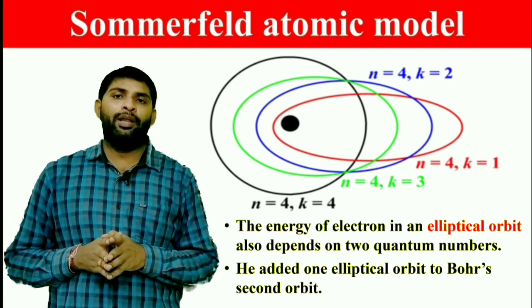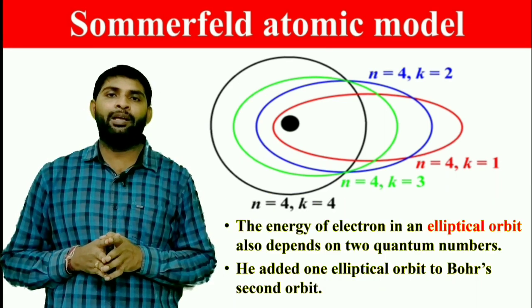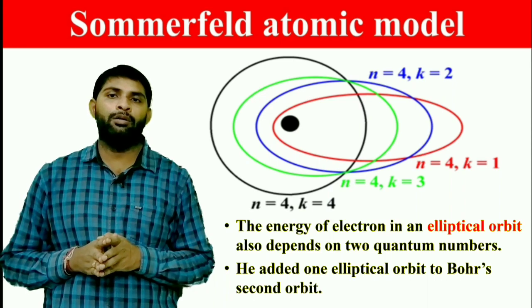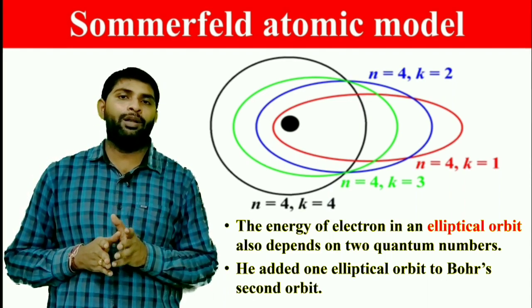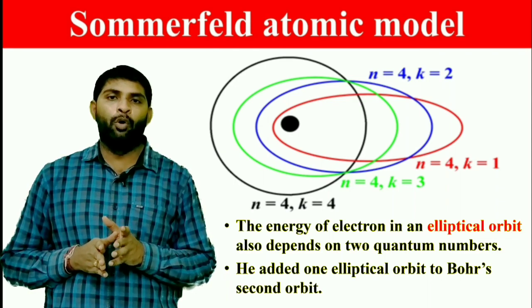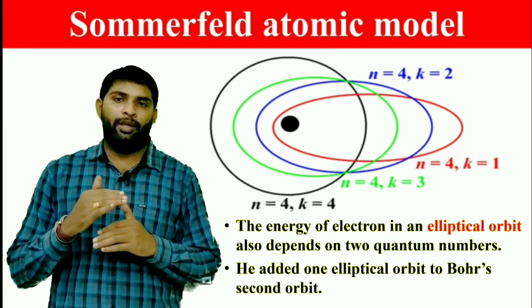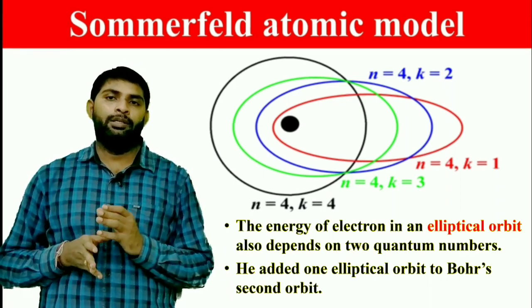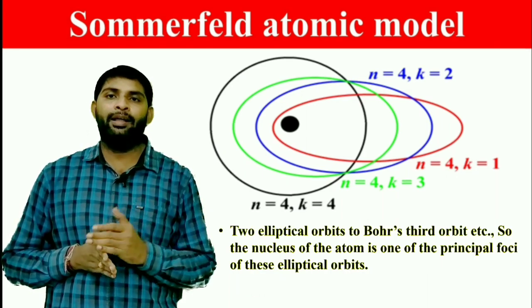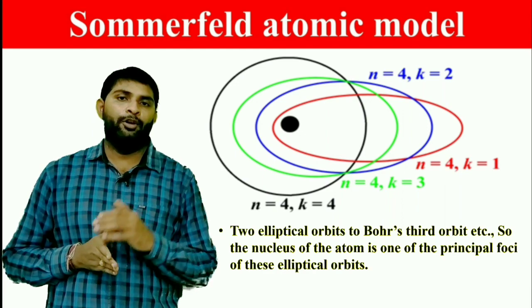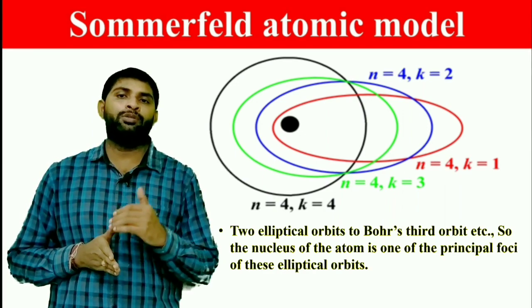The energy of an electron in an elliptical orbit also depends on two quantum numbers. Sommerfeld added one elliptical orbit to Bohr's second orbit. So he retained the first orbit as it is, but to the second orbit he added an elliptical orbit, and two elliptical orbits to Bohr's third orbit.